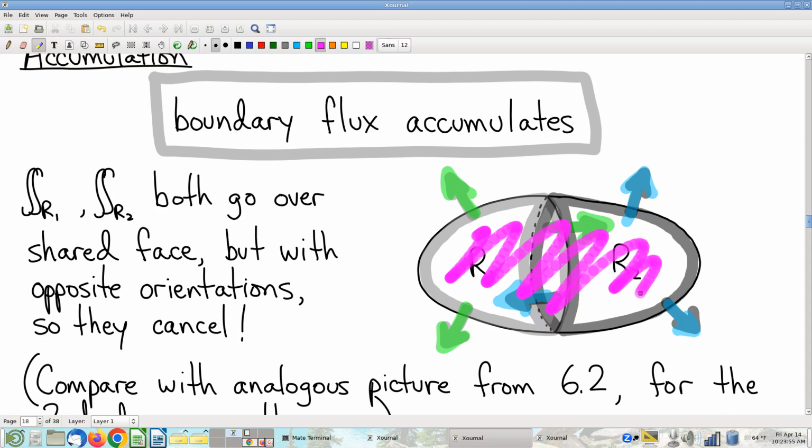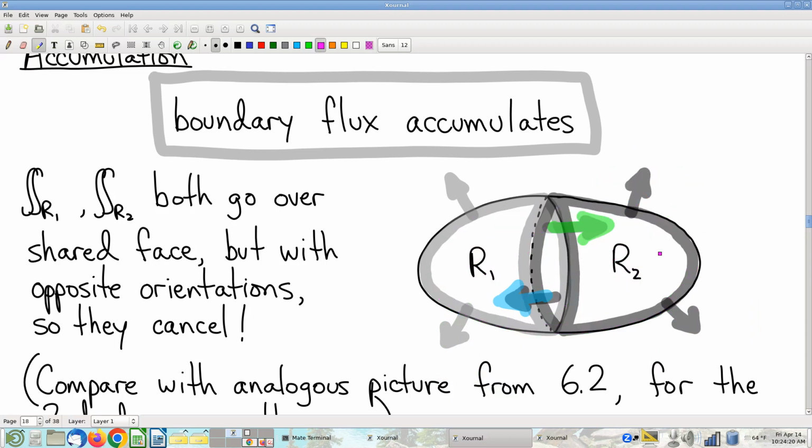And you can kind of see all this coming. If you were to look at the whole thing, the outward-oriented boundary flux would be like this. And you can see that most of the cancellation is going to happen on this outside boundary: this green and this purple cancel, this green and this purple cancel, this blue and this purple cancel, and this blue and this purple cancel.